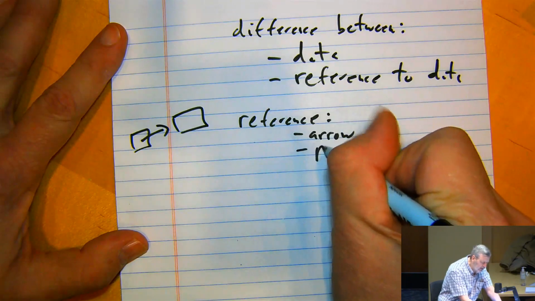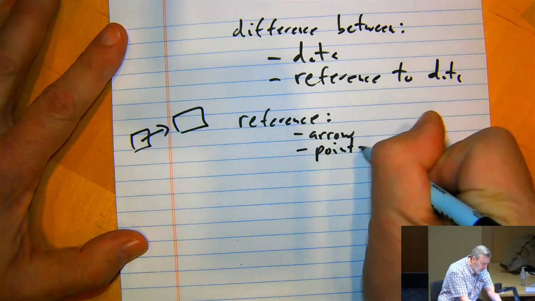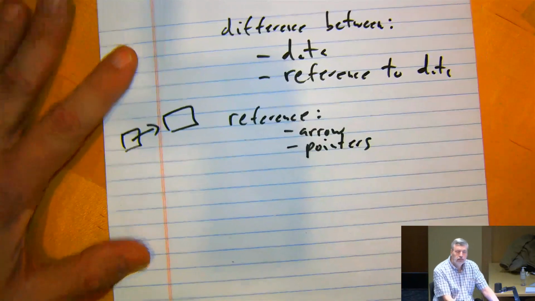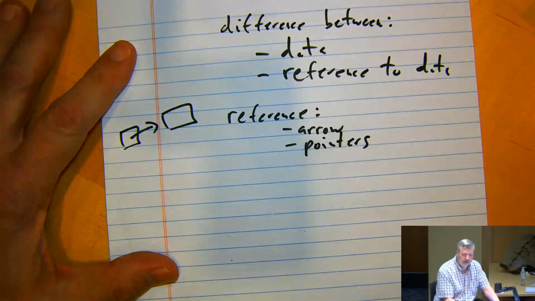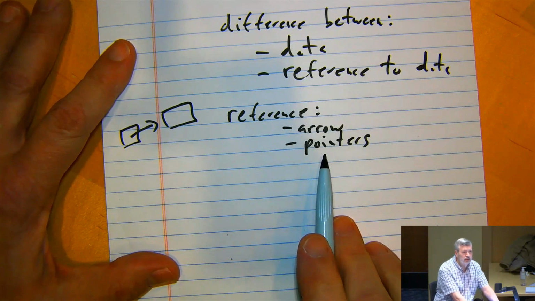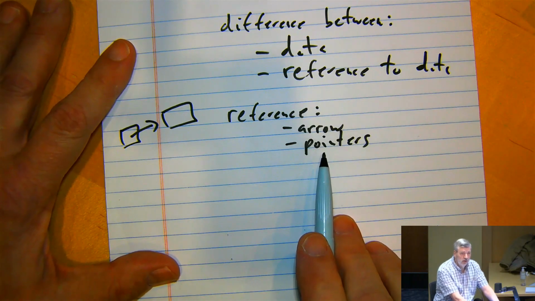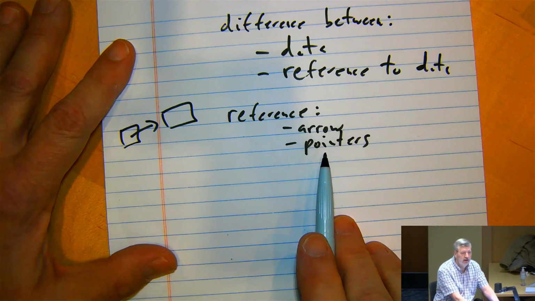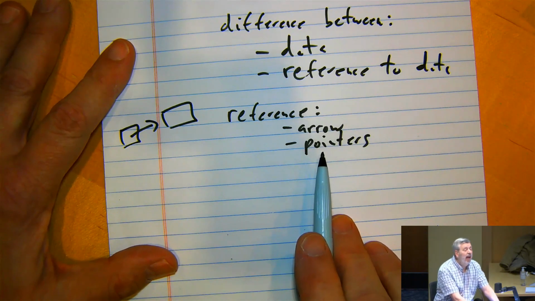In languages like C and C++, they have what are known as pointers, and pointers are references. When Java came out, the designers of the language wanted to distinguish it from C and C++, and they were very dismissive of the way things are done in C and C++. And so they said Java has no pointers.